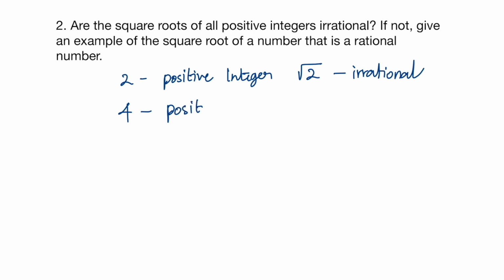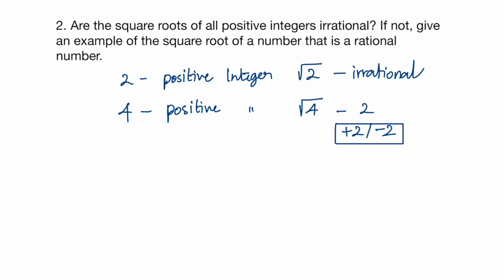4 is a positive integer, right? And the square root of 4 would give you 2. To be precise, it can be plus 2 or minus 2, because minus 2 squared is also 4, and plus 2 squared is also 4.